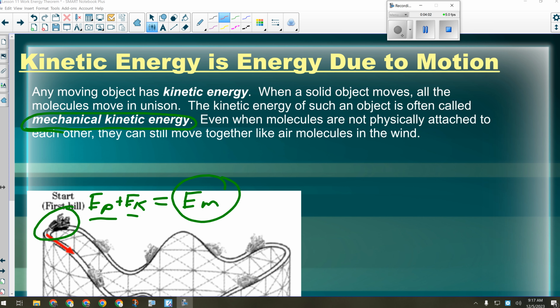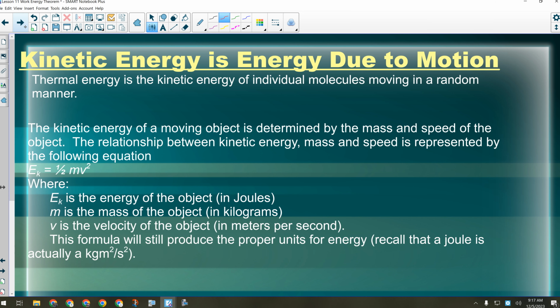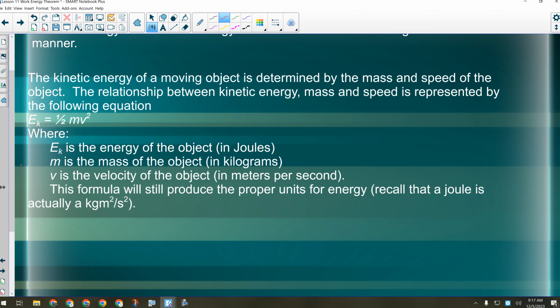So mechanical energy, remember, is the sum of an object's kinetic and potential energy. Anytime you do work, you're changing one or the other or both. All right, so kinetic energy, like we said, the formula for that is E_K equals 1/2 times the mass times speed squared.